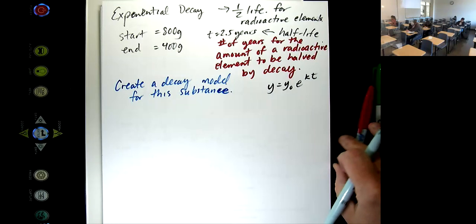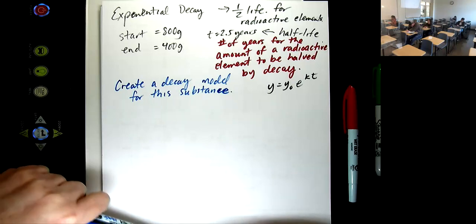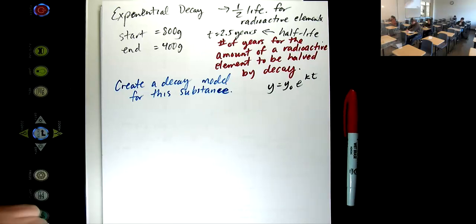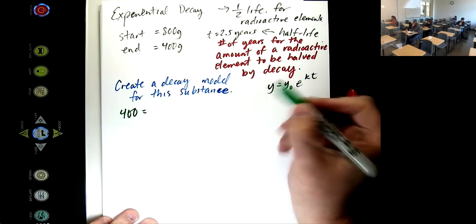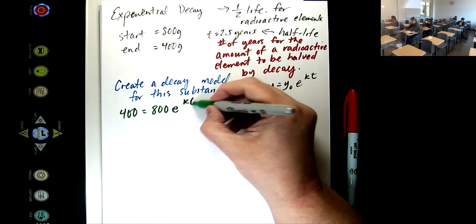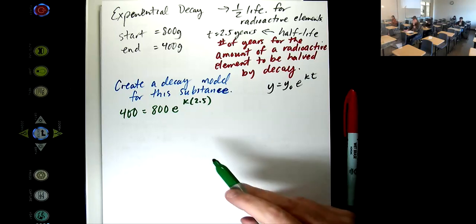Or if you like A equals P e to the rt, use it, it's fine. Y, the ending value, is 400. Y naught, the starting value, was 800. And we have e to the k times 2.5. Because it was decay, it's going to end up being negative when we do it.